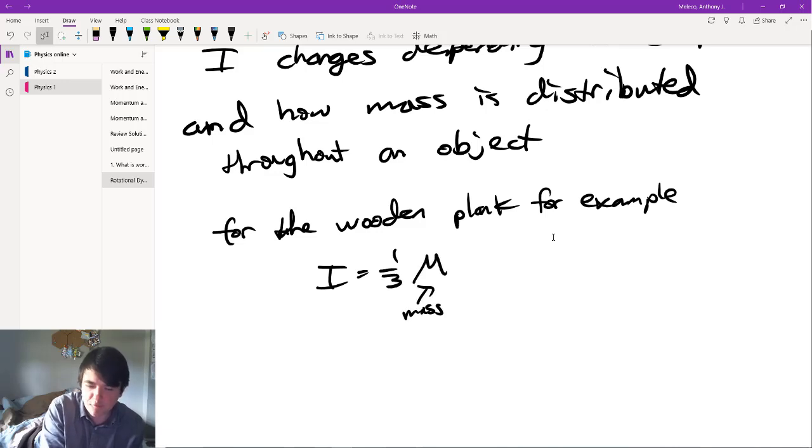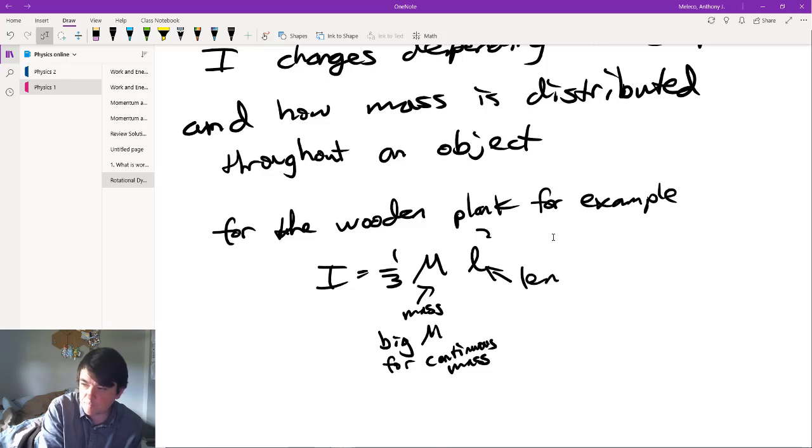We use big M for continuous objects. L is the length, okay? So the longer it is, the more moment of inertia it has, the more resistance it would be to motion, okay?